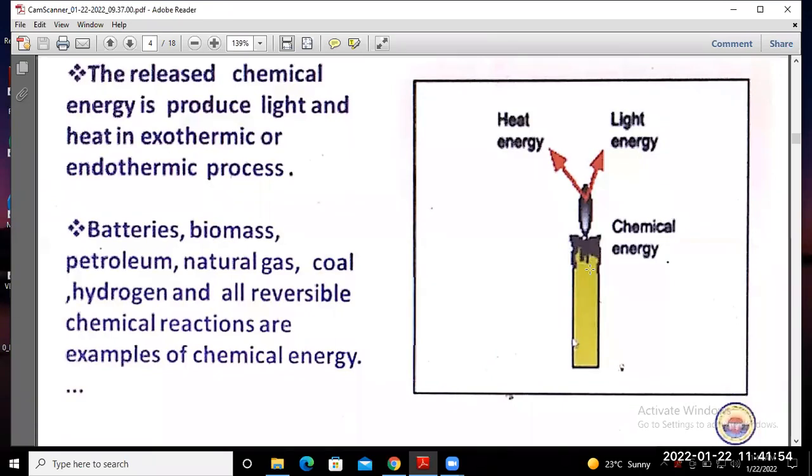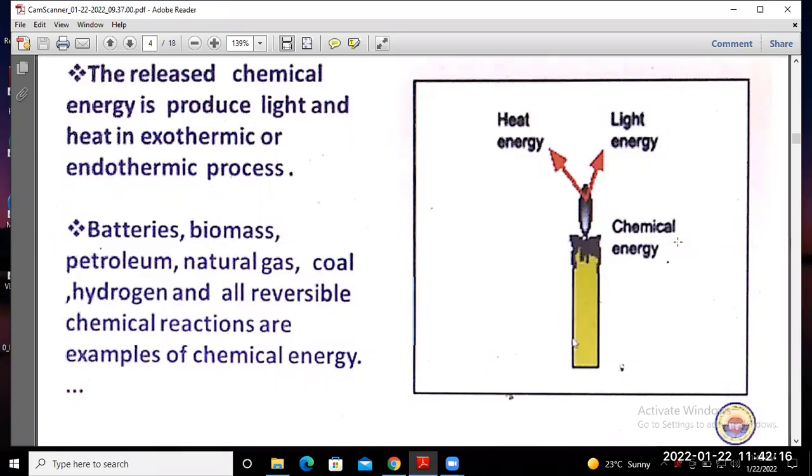You may find another example like a candle. If you light the candle, it will produce light or heat energy. So that candle is also one of the energy stores in the form of chemical energy.